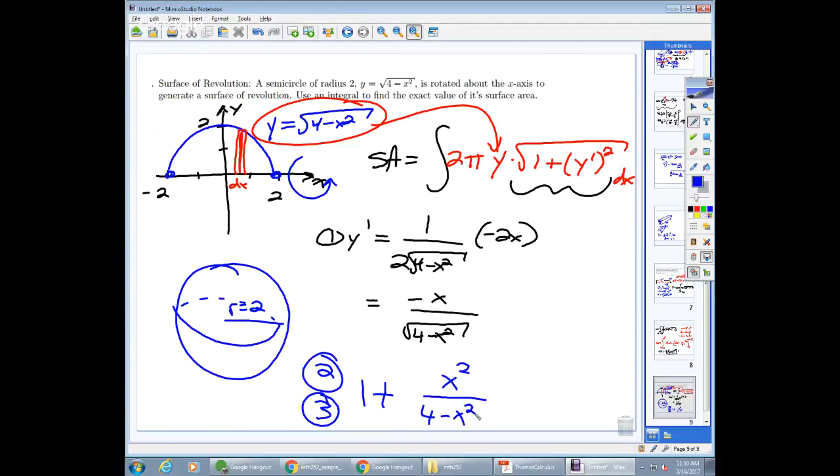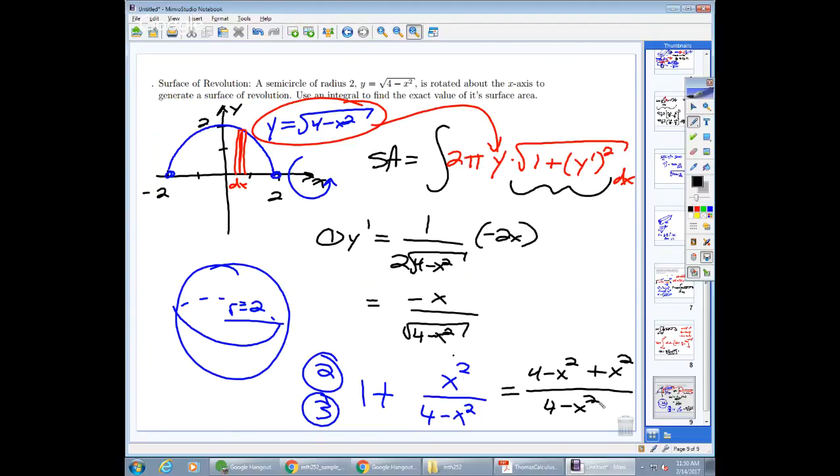Common denominator is going to be the 4 minus x squared. So I think the 1's going to be a 4 minus x squared over 4 minus x squared. So my numerator is 4 minus x squared plus this guy here, all over 4 minus x squared. We've almost got enough time to finish this.